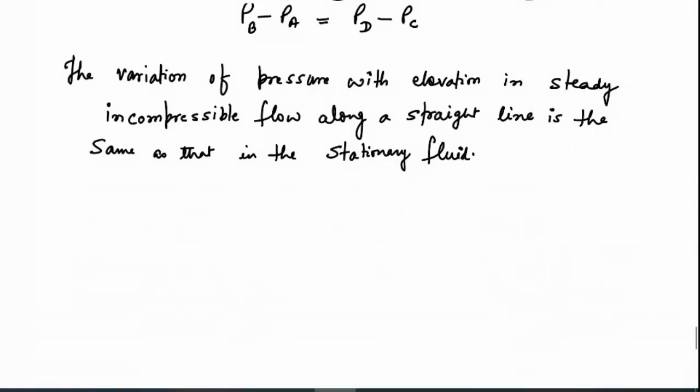So we discussed dynamics of fluid particles along the streamline and across the streamline. Now you see this Bernoulli's equation has three terms. These three terms you can think of in terms of energy or you can think of in terms of pressure.